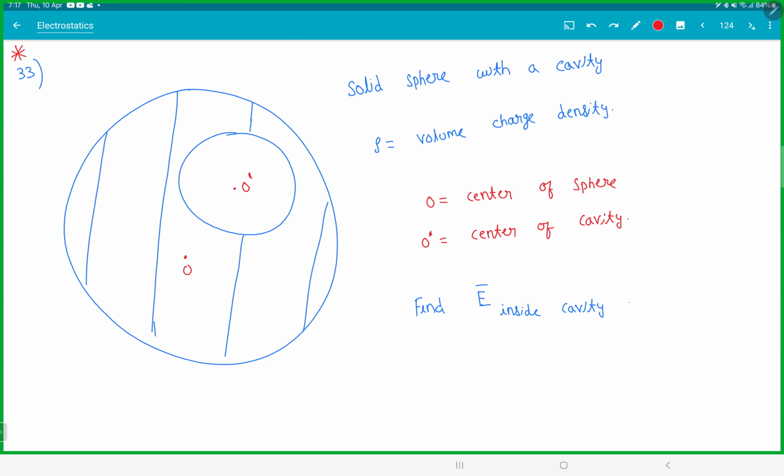Q is not given, right? Roja, it was given, right? Where is Q? Right, Palak. That's a standard result which you should remember.